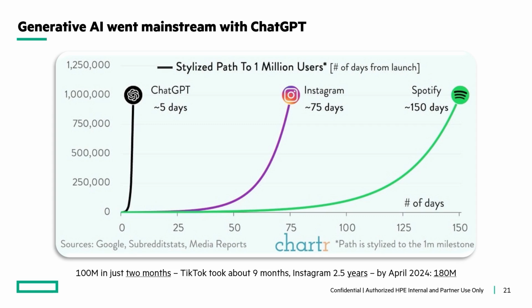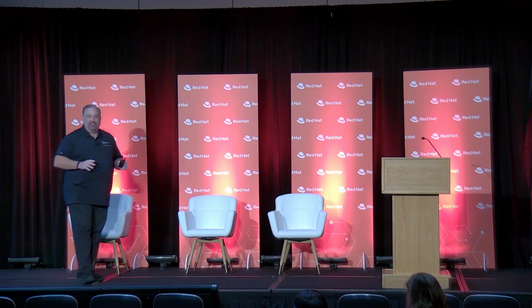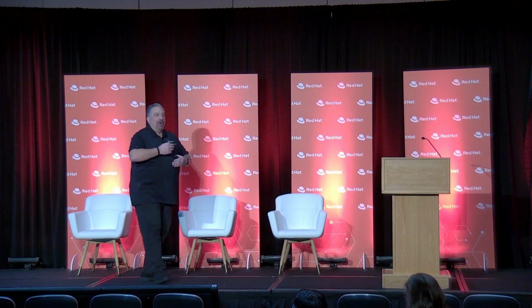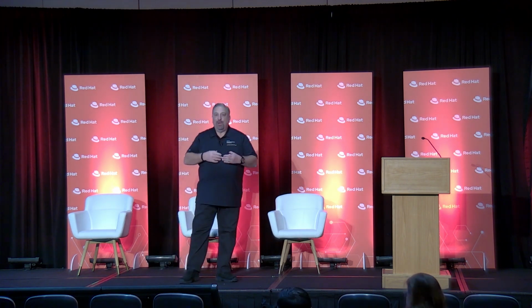As of April of this year, I need to update and find out what the new number is. But as of April, they had 180 million users of ChatGPT, which 2 years ago or so, most of us had never heard of.